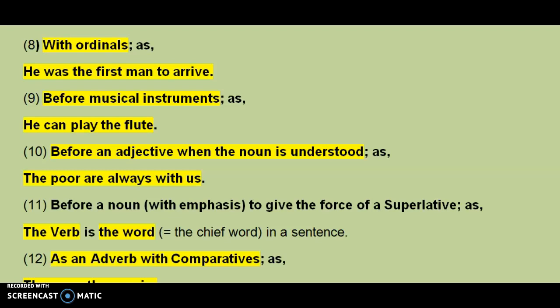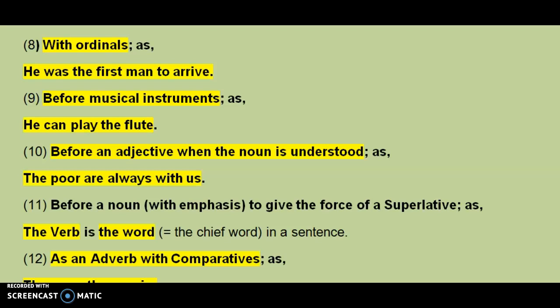Before an adjective, when the noun is understood, for example, the poor are always with us. Instead of saying the poor people are always with us, the noun people is dropped, it's understood. The adjective poor represents the entire class.